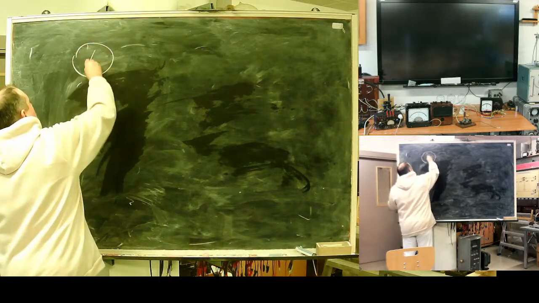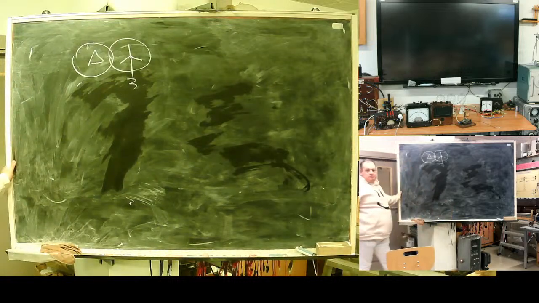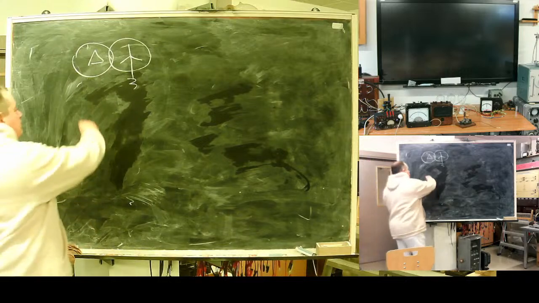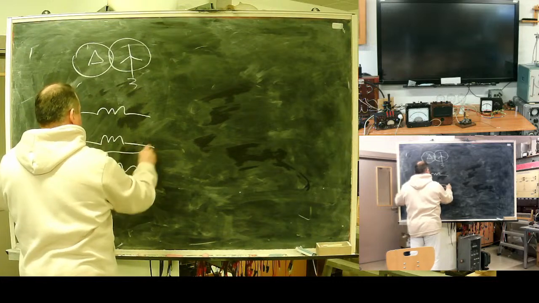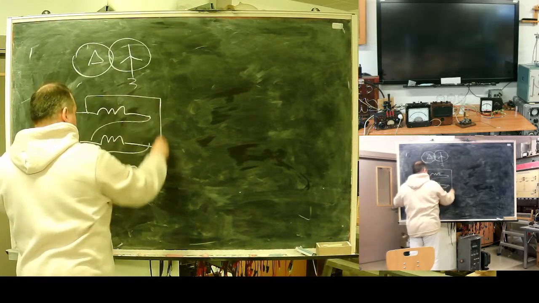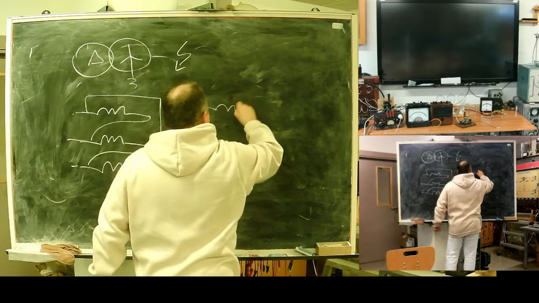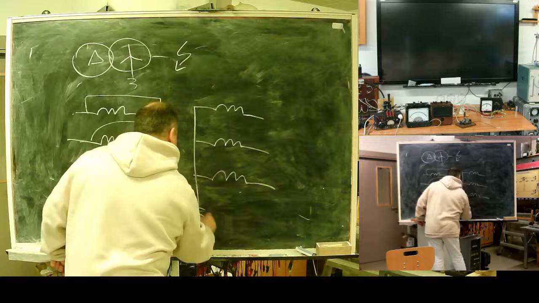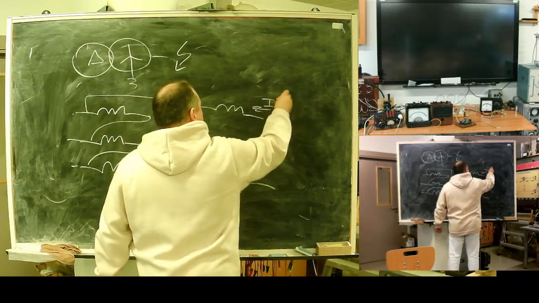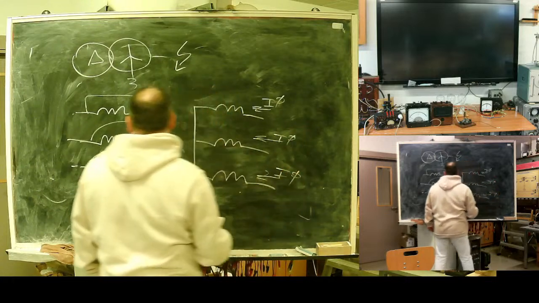One more. Delta grounded star. Zero sequence current, zero sequence current, zero sequence current.